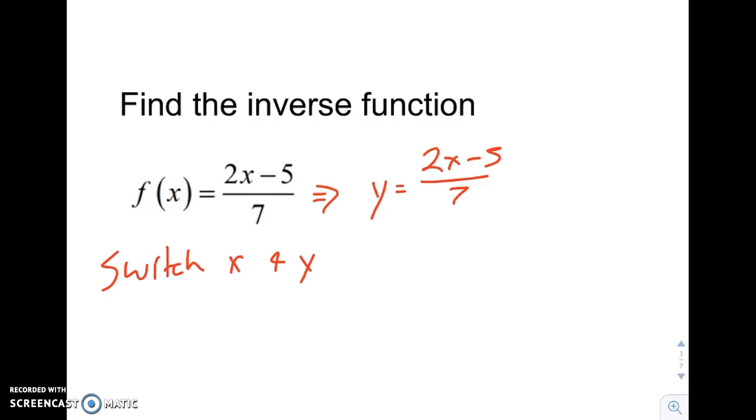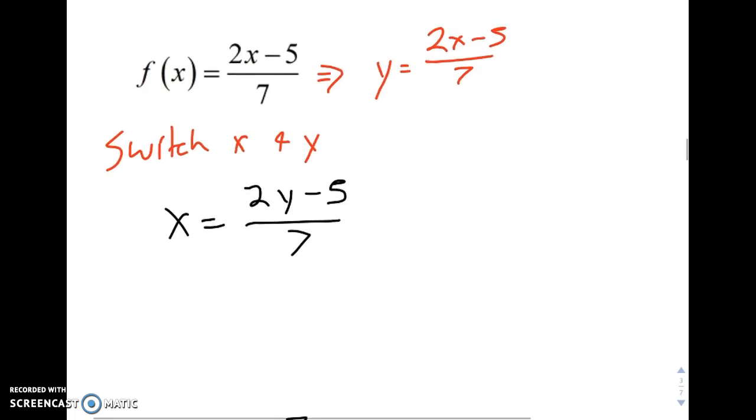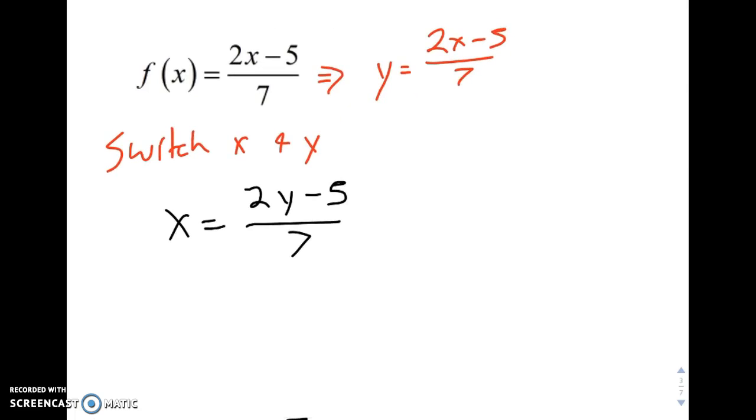So we can say, well, x equals 2y minus 5 over 7. And now we solve for y. This will force us to do everything that we need to in opposite order. By solving for y, you can't divide by 2 first, you have to start furthest away and work towards it. So you need to multiply both sides by 7.